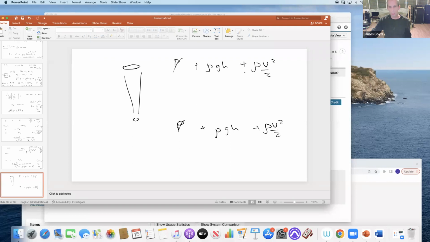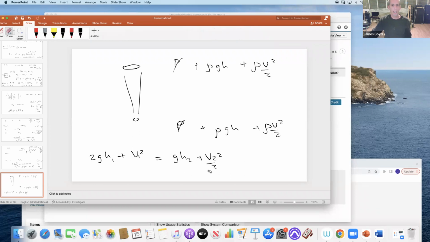It's outside, so the pressures are the same. The heights will be different, but I can get rid of all of these. I get gh1 plus v1 squared over 2 is equal to gh2 plus v2 squared over 2. Multiply through by 2.